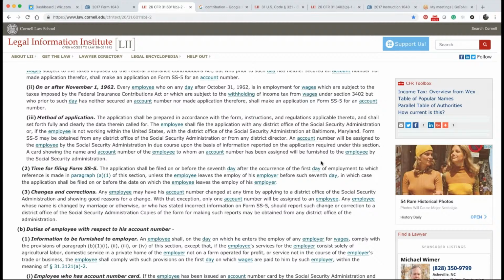That's when you need it, and it's needed for the FICA fund if you want to give that money to FICA. So basically, if you're reading this correctly, they're saying you really don't need a Social Security card or an account number unless you're ready to give away some money.